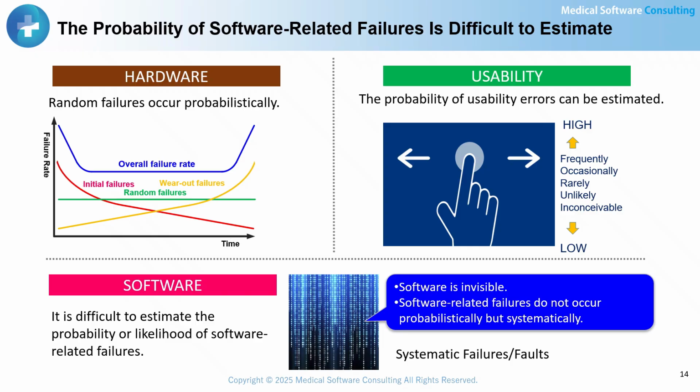Software is invisible from the outside, and failures caused by software are not probabilistic. They occur systematically. These are known as systematic failures or faults, and unlike hardware failures, the probability of occurrence cannot be easily estimated. That is why failures and malfunctions caused by software are considered very difficult to predict using probability-based methods.